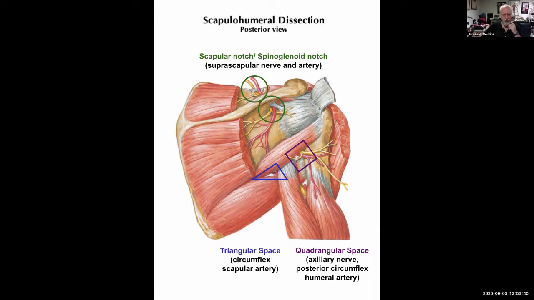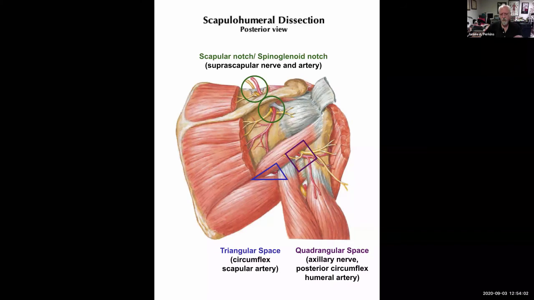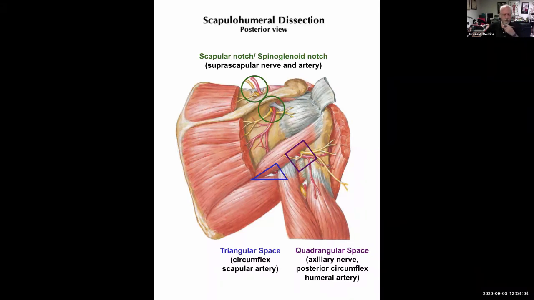So you see that scapular notch and that little ligament that covers the notch up on the superior border of the scapula. And there's a suprascapular nerve that goes under that ligament, and the suprascapular artery crosses over the ligament. And then from there, the artery and nerve continue through something called the spinoglenoid notch to get into the infraspinous fossa, where the infraspinatus muscle is.